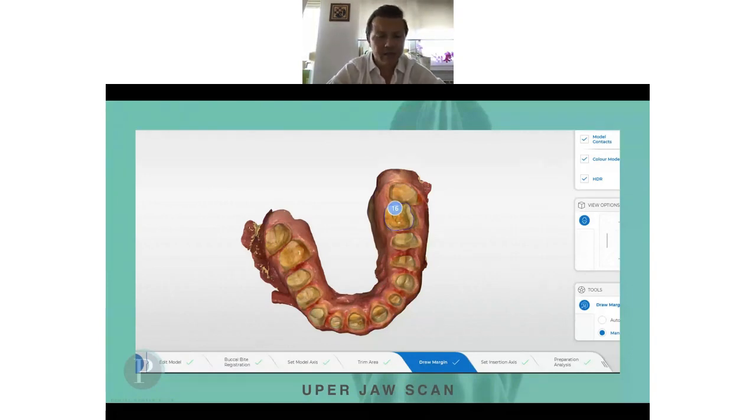When you're using microscopes, I saw one good webinar a few days ago by Dr. Kunkela. He was speaking only about margins, and he had some microscopic views. I don't know how many magnifications it was.